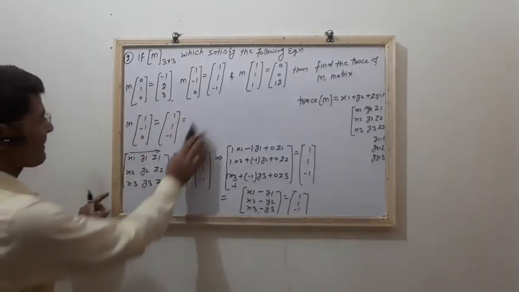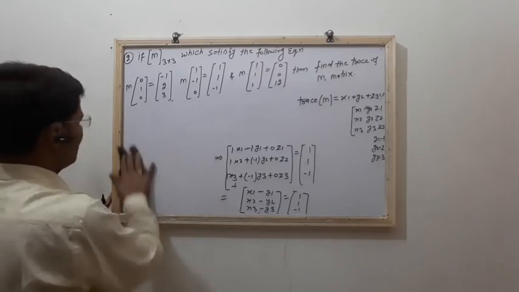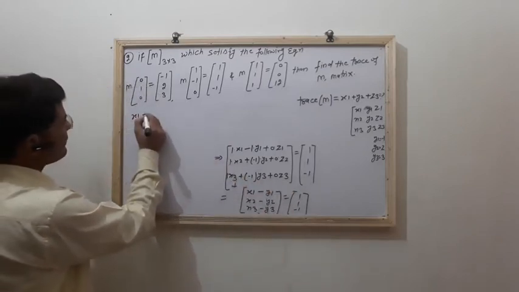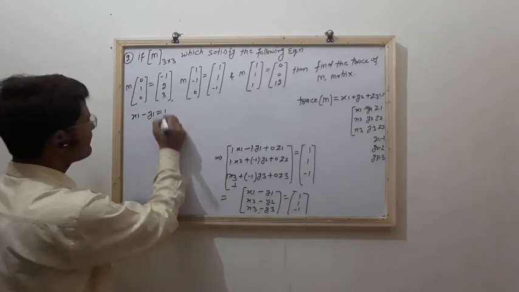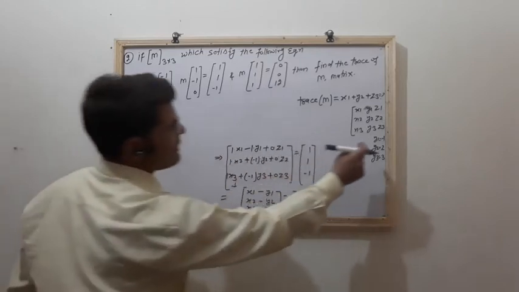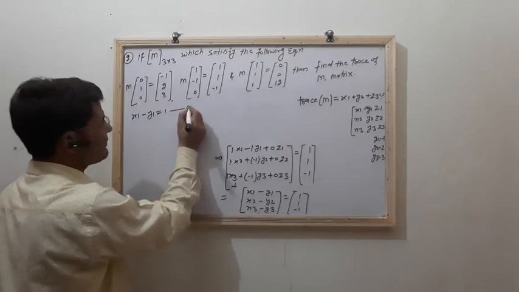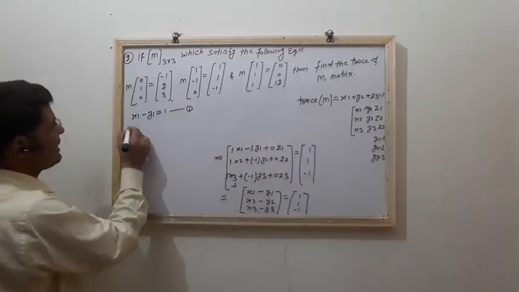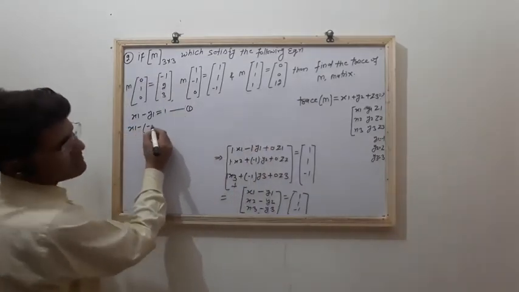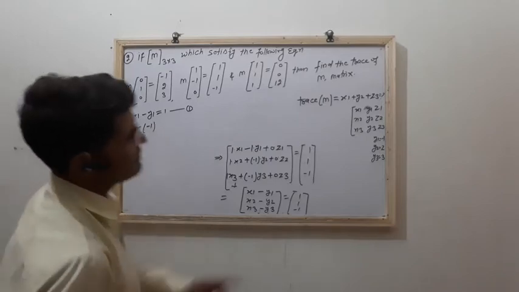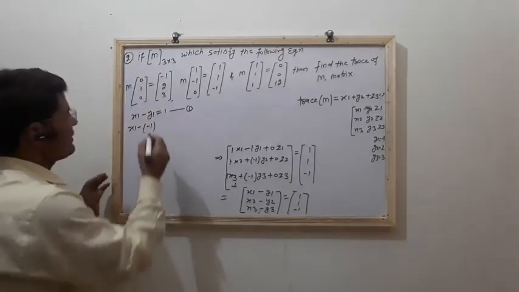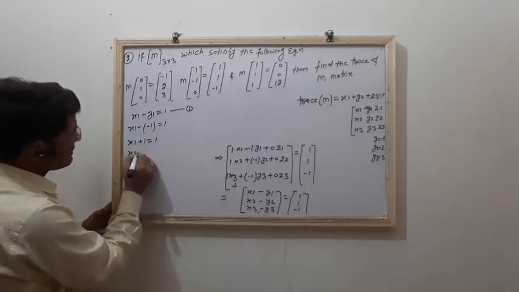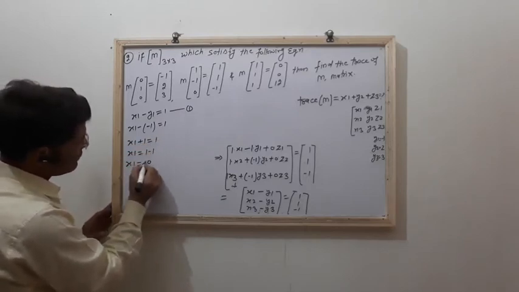Next, by comparing, x1 minus y1 is equal to 1, putting the value of y1 is equal to minus 1 in equation 1, so that x1 minus the value of y1, which is minus 1, is equal to 1, so that x1 plus 1 is equal to 1, means x1 is equal to 1 minus 1, x1 is equal to 0.